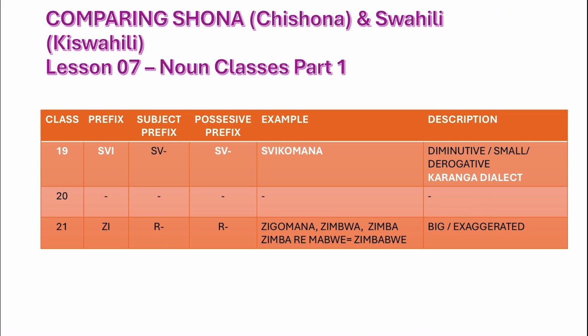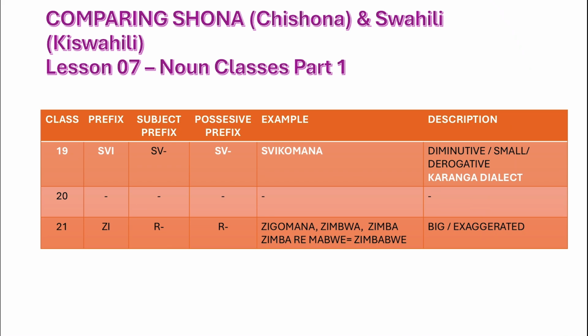Class 21, the Zi class. These are like big nouns. It's a normal noun like mukomana, but when you put Zi in front of mukomana, like zikomana, it means it's a big boy. Imbwa is a dog, but when you say zimbwa, it means it's a big dog or a fierce dog or something exaggerated about that dog.